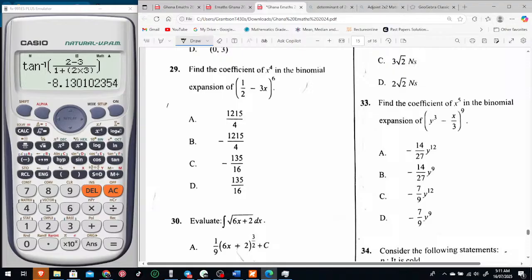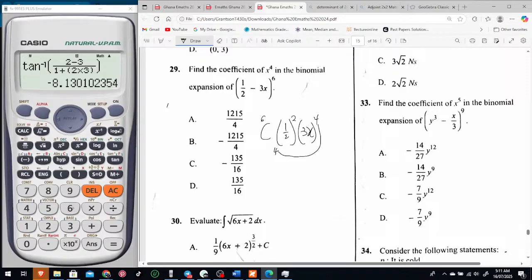Find the coefficient of x exponent 4. If you want x to be exponent 4, it means we put this negative 3 here, exponent 4, and the half will be exponent 2. Then this becomes the combination, 6 combination 4.